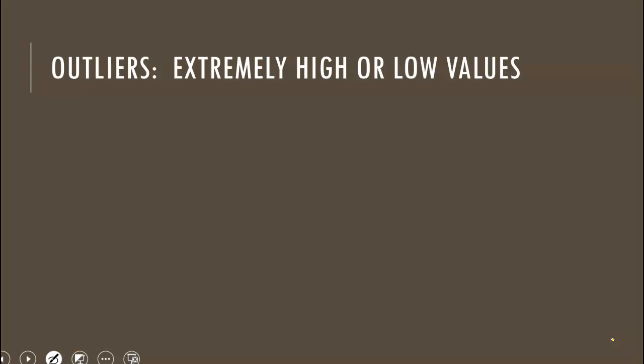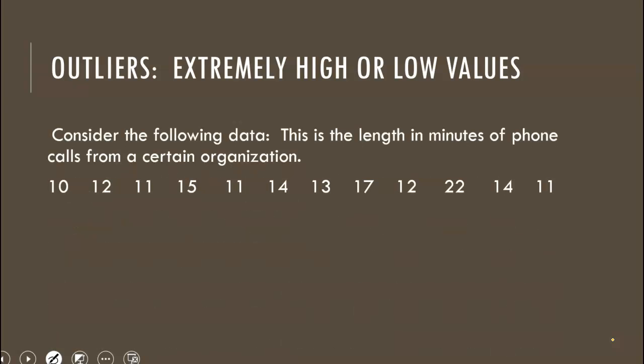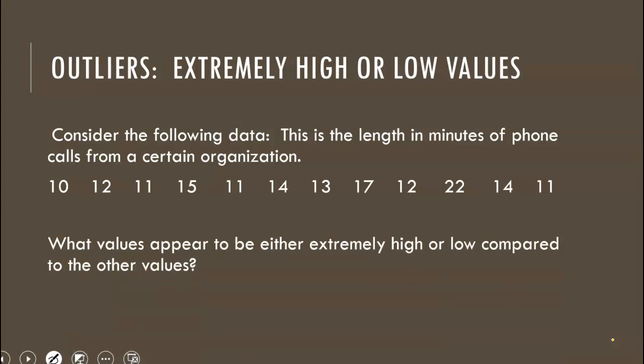So we're going to start by talking about extremely high or extremely low values, which we know can be considered outliers. So if we take a look at something like this, this is the length in minutes of phone calls from a certain organization. These are not in any particular order, so it's helpful if we could put them in order.